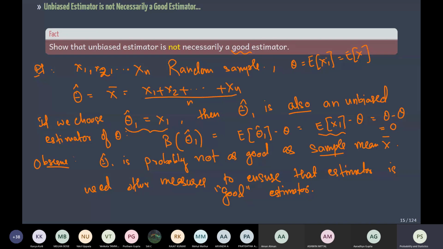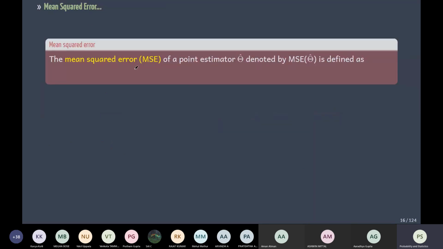A better measure is the so-called mean square error. This is the expectation of theta hat minus theta, squared. We will see why this is a better choice. The mean square error of a point estimator, denoted by MSE of theta hat, is defined as this.